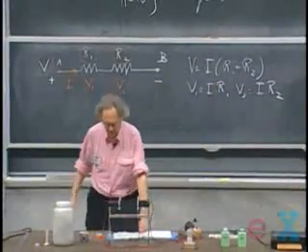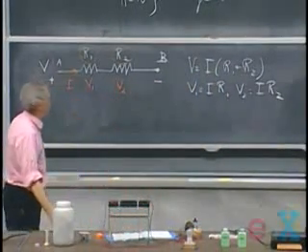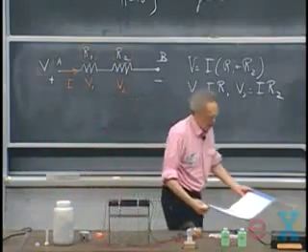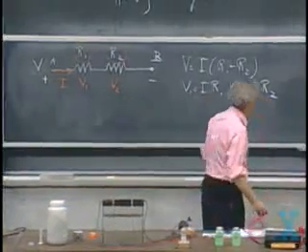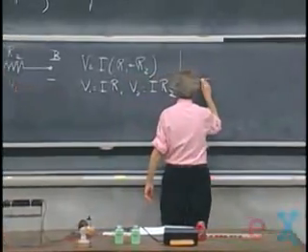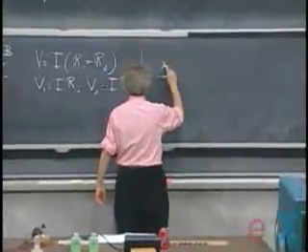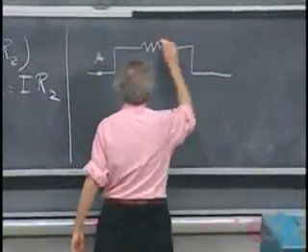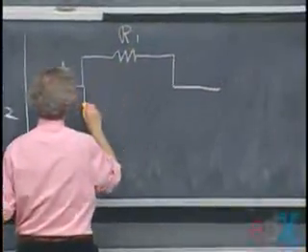All the questions that I asked you, you have the answers to. We could now have a slightly different problem, whereby point A is here, but now we have a resistor here, which is R1, and we have here R2.